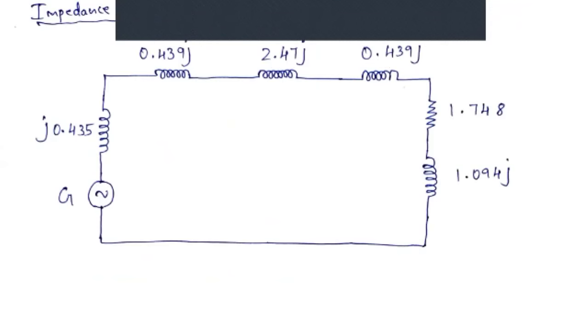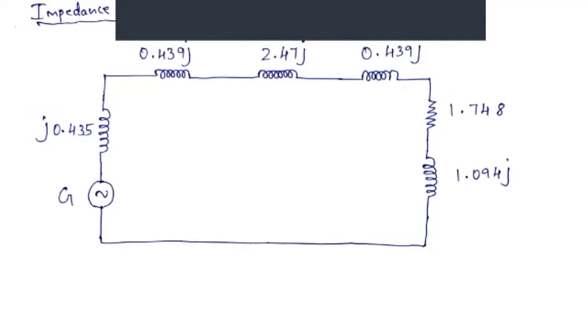Next, for transformer 2, it is 0.439 j. These two values are the same because we have taken the same values with reference to the primary side and secondary side, with reference to the HV side, and the problem gives the same impedance values. Next, for the load it is 1.748 plus the reactance value 1.094 j.